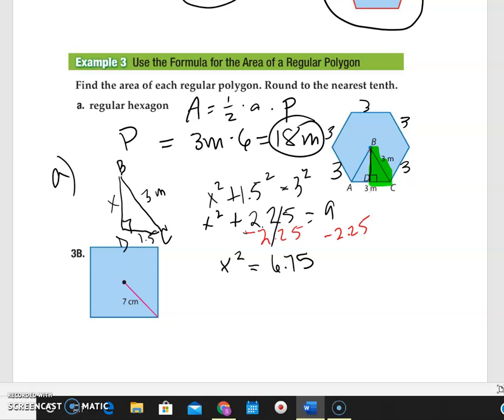And then I need to come back and take the square root of both sides to find x. So I get x, or A, which is my apothem, get my calculator here, is the square root of 6.75. And that's about 2.6.